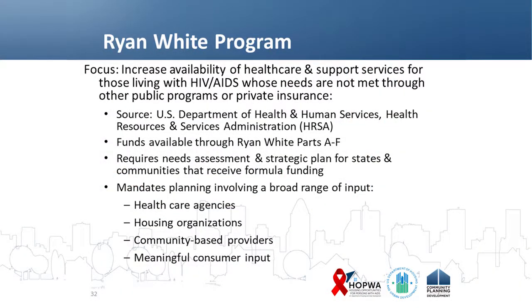As most of you know, Ryan White is one of the programs that HOPWA works most closely with, and that's one of the reasons that's a major focus of what we're talking about today. So as we go around the country and talk to grantees, grantees tell us that the extent to which there is contact and coordination between the two systems varies quite a bit from one jurisdiction to another.